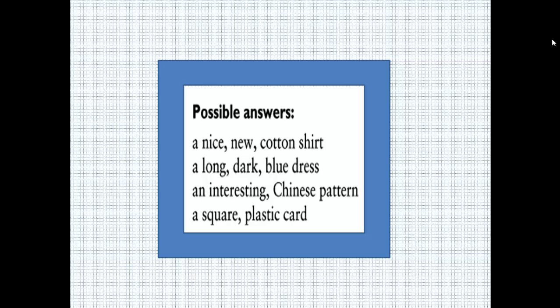Opinion, then size, after that age, shape, color, origin, and finally the material. If you have memorized this order, you can get the benefit of this lesson and you can get high marks in your tests and exams.